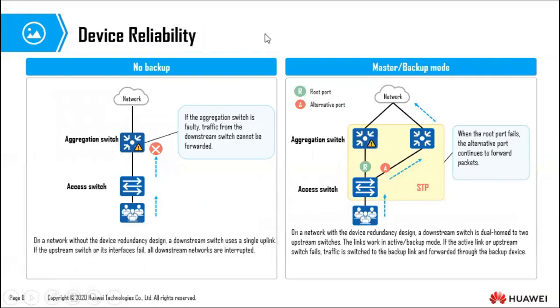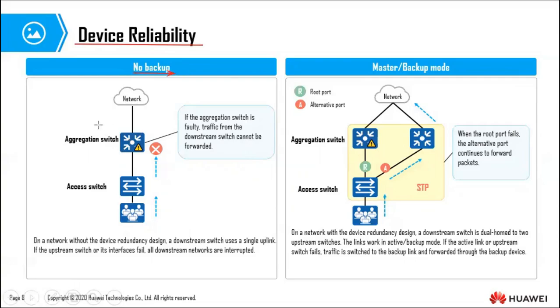Now, to provide reliability, you can also provide what we call device reliability. Device reliability is done by using redundancy, device redundancy. So in this particular example, we have a network that has no device backup.